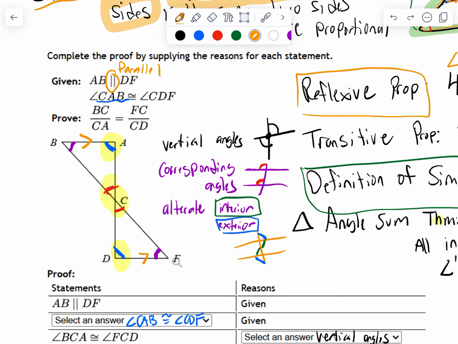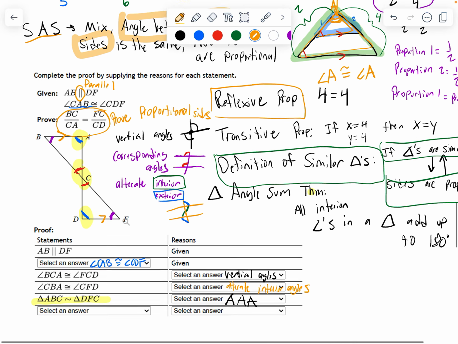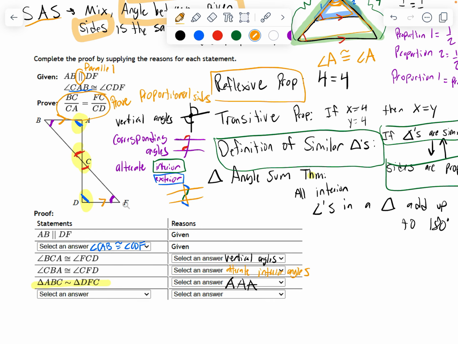We're taking two sides of a triangle and dividing them out, which means that you are proving proportional sides. And you might wonder, how on earth am I going to prove proportional sides? Because I don't even have any side lengths.